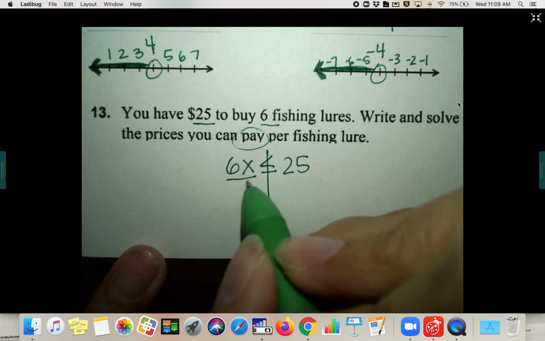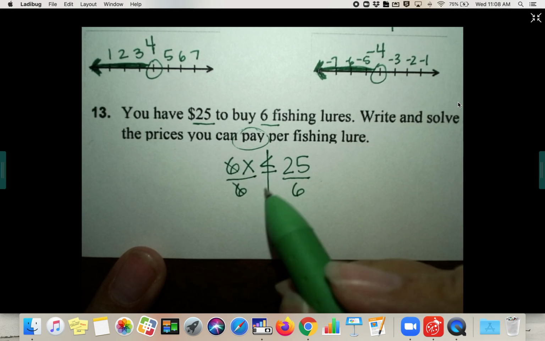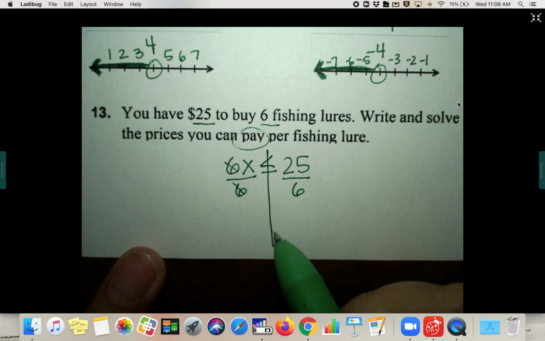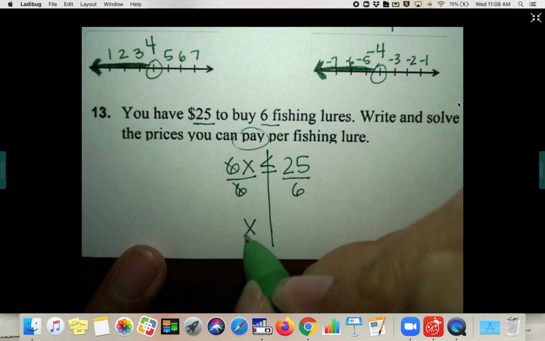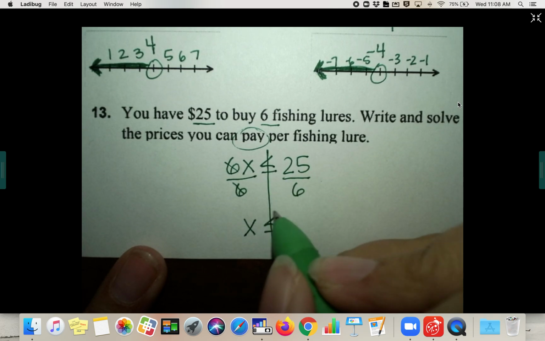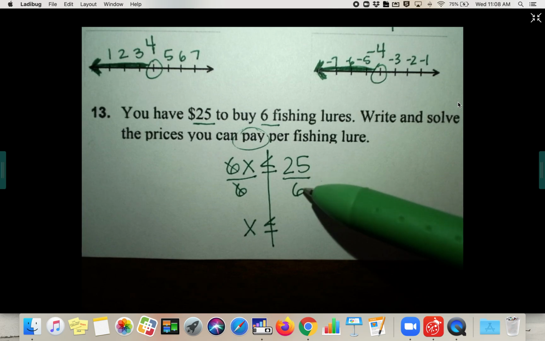We need to divide by 6 on both sides. Since we are not dividing by a negative, we do not need to flip the symbol. Only when you're dividing or multiplying by a negative. So just bring down x, bring the symbol down the exact same way it was because we're not worrying about dividing by negatives. 25 divided by 6, I have no idea what that is.